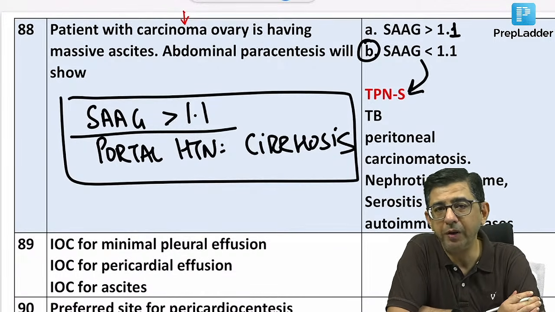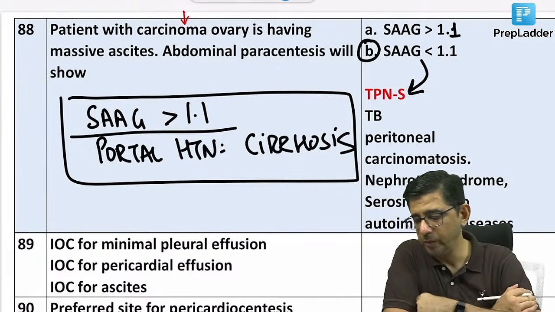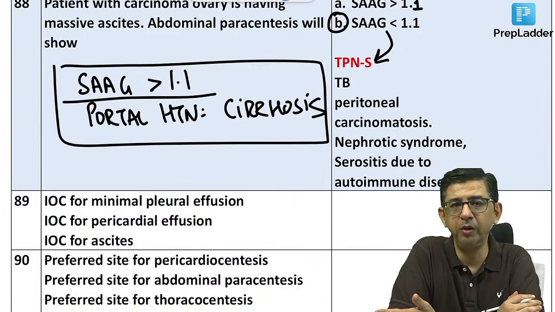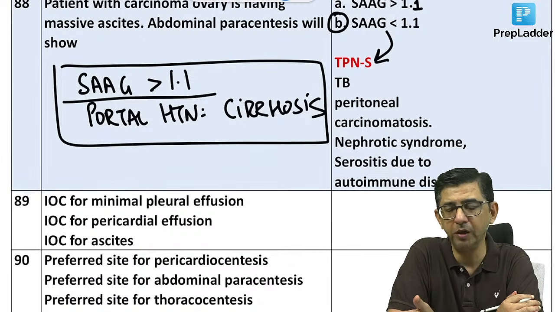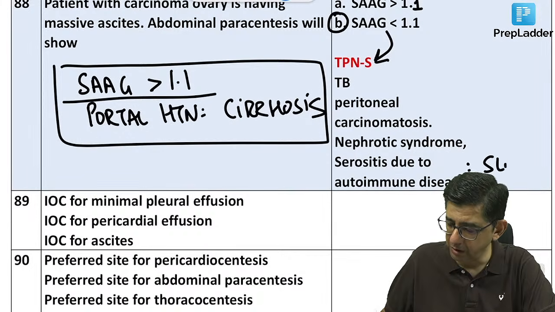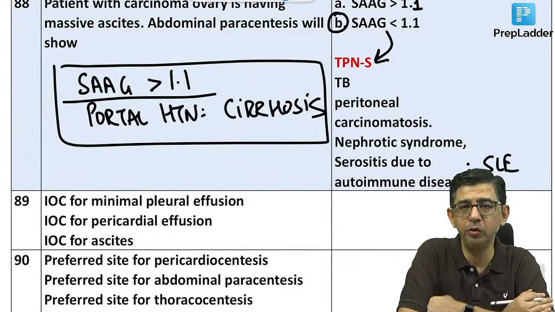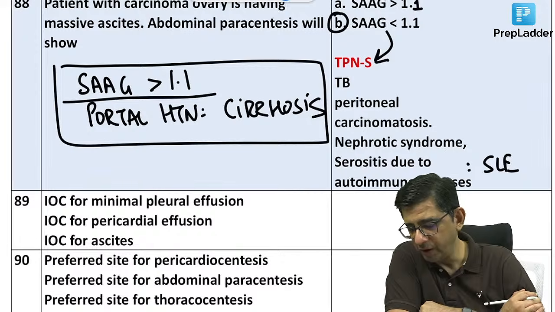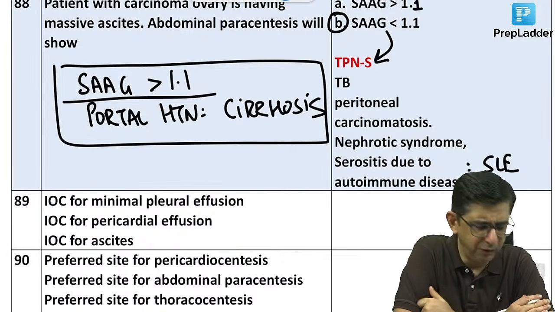TPN: T is TB, P is peritoneal carcinomatosis, N is nephrotic syndrome, and then serositis due to autoimmune disorders. Autoimmune disorders can be like SLE, or rheumatoid arthritis. The main point is TPN is total parenteral nutrition, but today we are using it to remember TB, peritoneal carcinomatosis, nephrotic syndrome and autoimmune disorders.